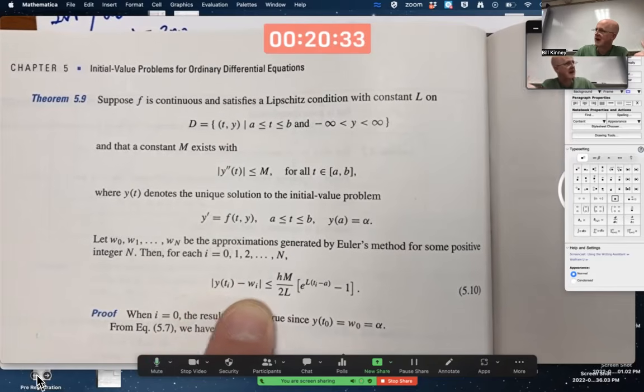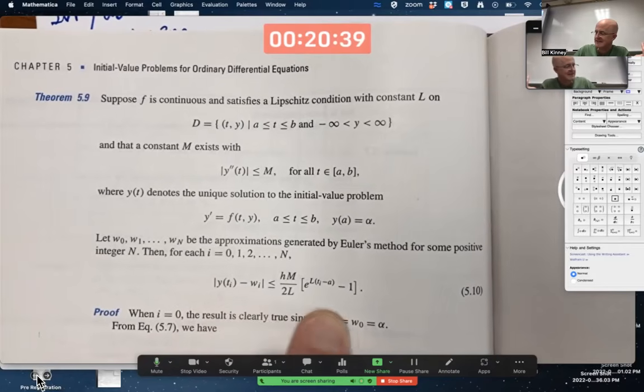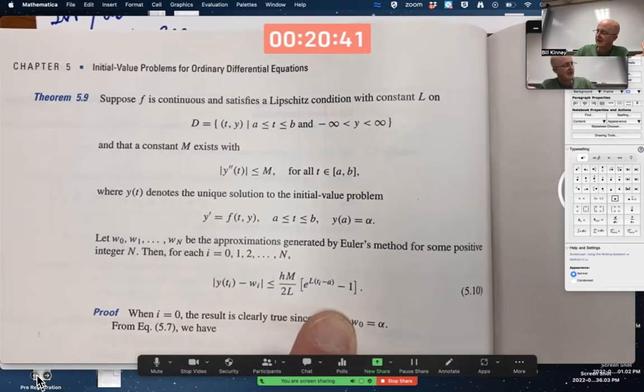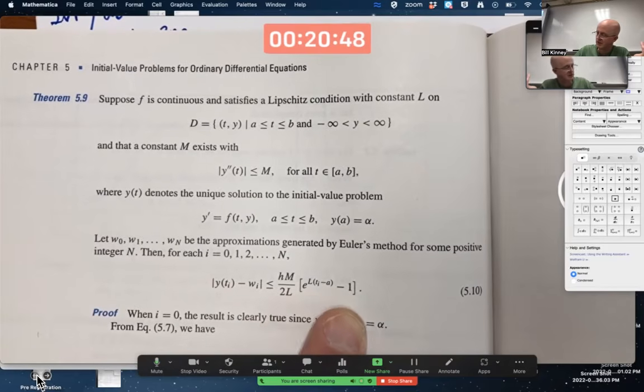That difference is the error, actual minus approximate. Take its absolute value. That's the absolute error. It's saying it's bounded by this crazy looking thing: h times M over 2L times, in parentheses here, e to the L times (t_i minus a) minus 1.